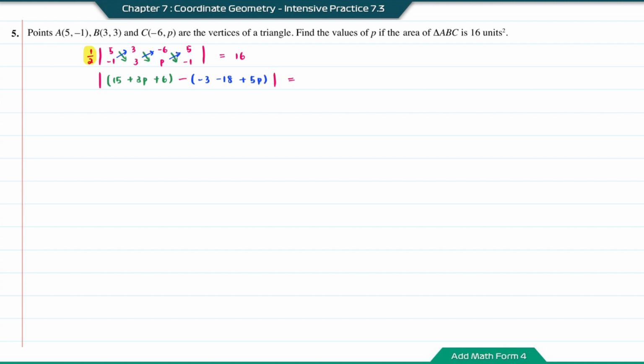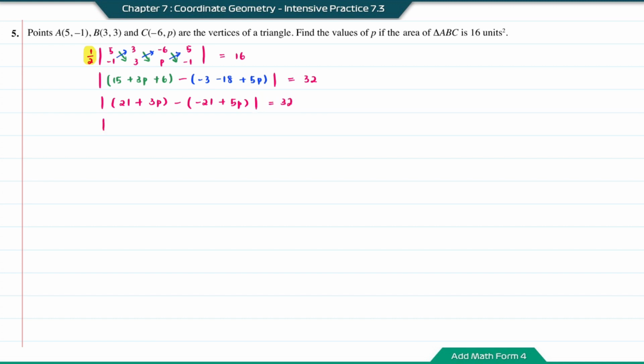So this is equal to 16 times 2, which is equal to 32. So here for the first bracket, we're going to get 21 plus 3P. And for the second bracket, we'll get -21 plus 5P. So this is equal to 32.